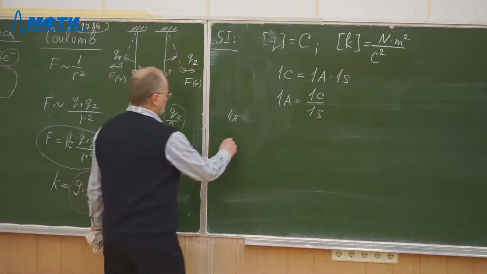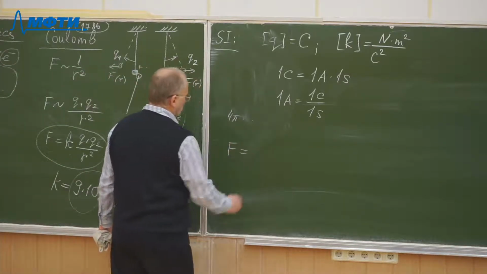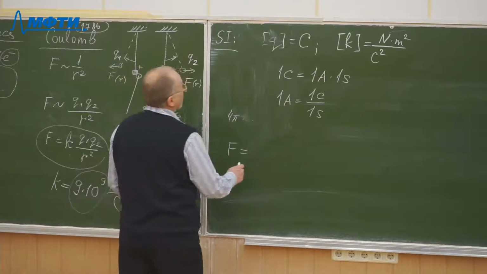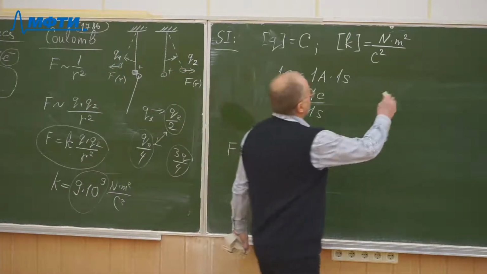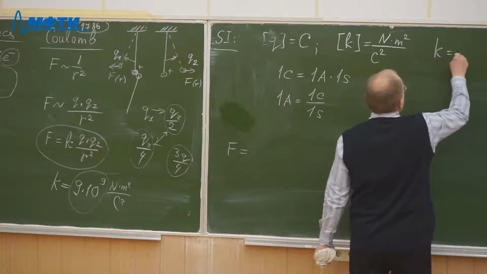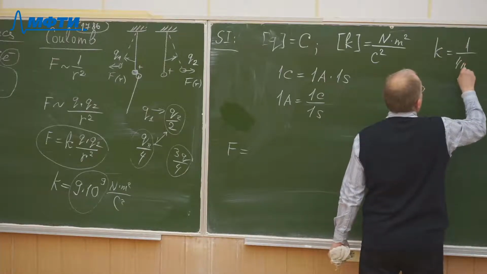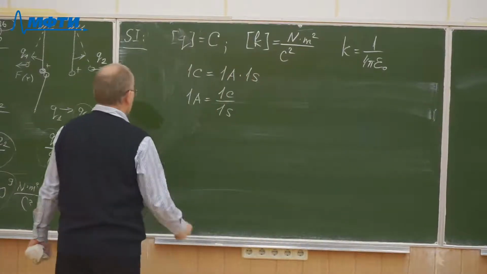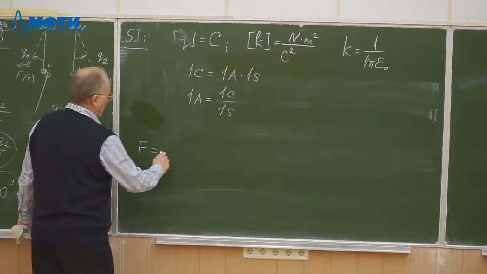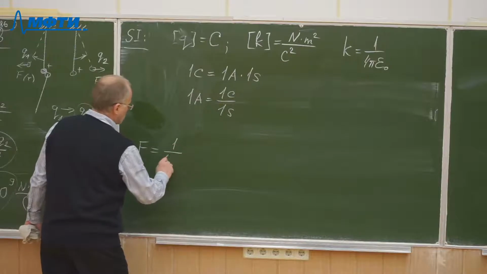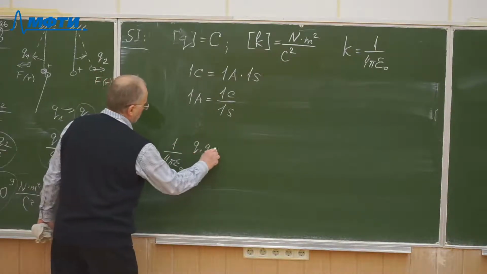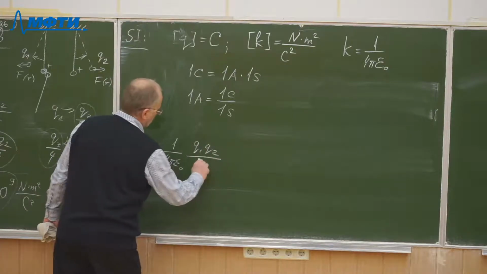And for this reason, the Coulomb force is written in such a way that the proportionality constant K is chosen to be 1 over 4 pi epsilon 0. So that the force of interaction of 2 point charges will be Q1 Q2 over 4 pi epsilon 0 times distance squared.